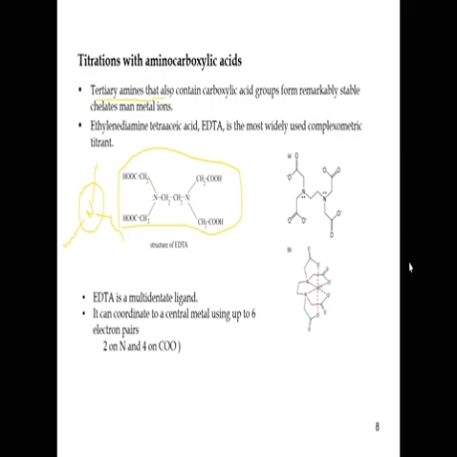Tertiary amines that also contain carboxylic acid groups form remarkably stable chelates. This is a very important thing that you should understand. For complexometric titration, we always use amino carboxylic acids, usually tertiary amines containing carboxylic acid groups.